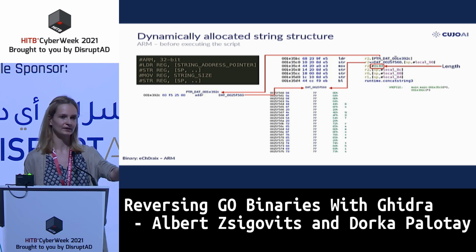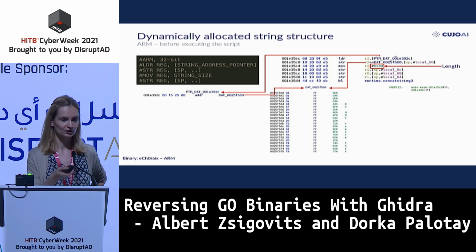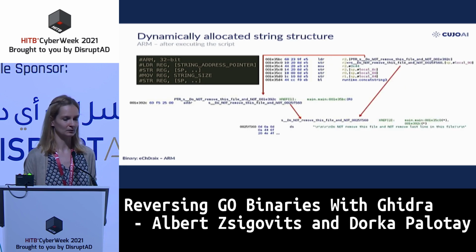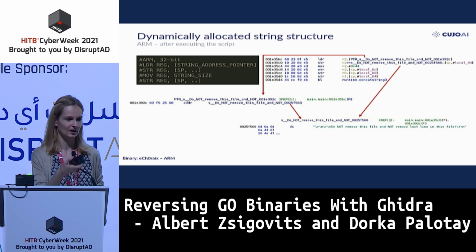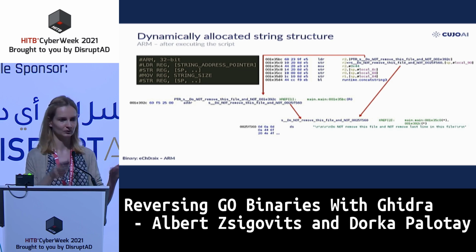So what you can see here is that if you follow the address, there is a pointer which will point to the address of the string, which is not defined. Once we execute the script, the disassembly will be much nicer, because you can see there, do not remove this file and so on, the text itself, and it will also be defined.